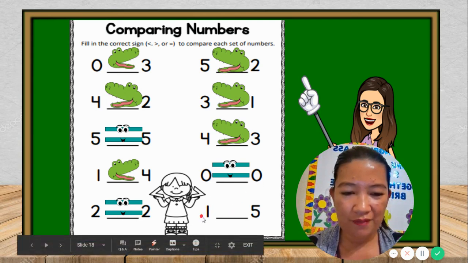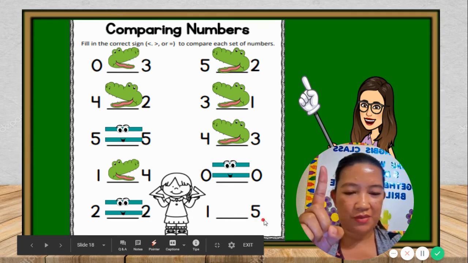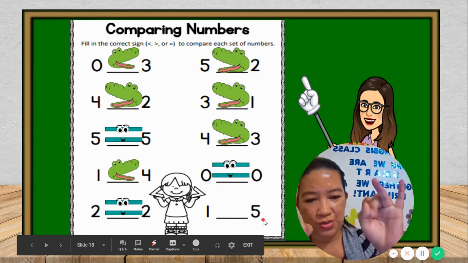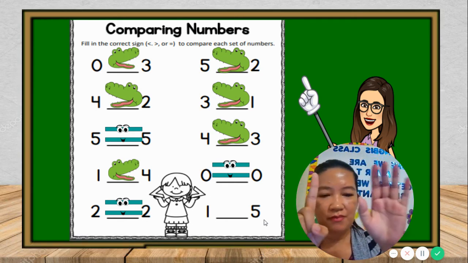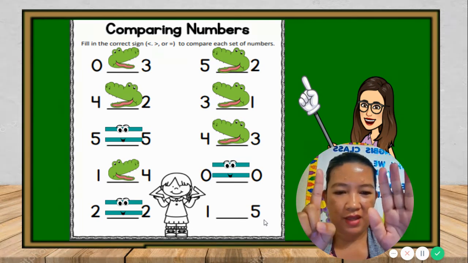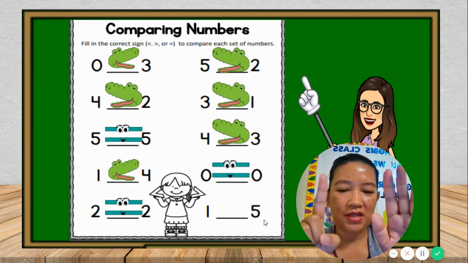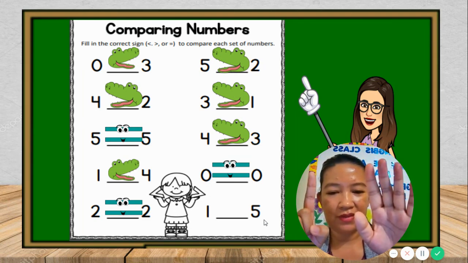And we have the last one. Let's try to have 1. Show me one finger. And then 5 on the other side. So 1, 2, 3, 4, and a 5. So 1 and 5 on the other side. Which do you think the alligator will eat? Is it only 1 or more? And that is 5.